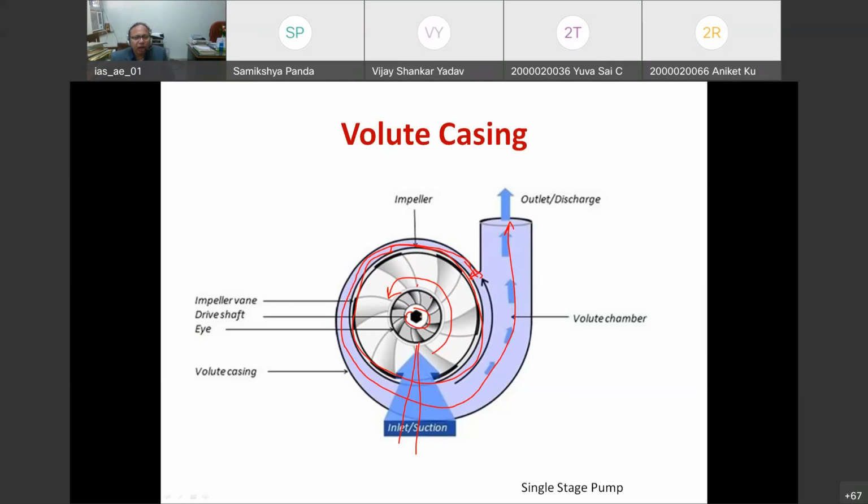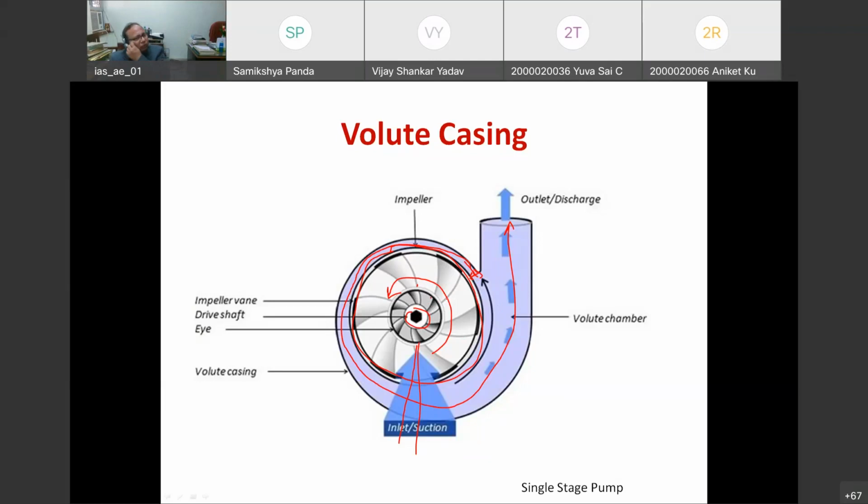It means the water coming out of the impeller is the same from all directions. Now, what will be the scenario about the velocity of water?